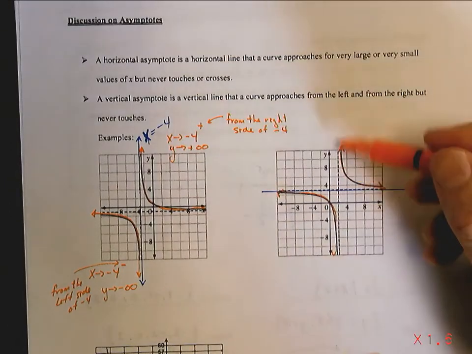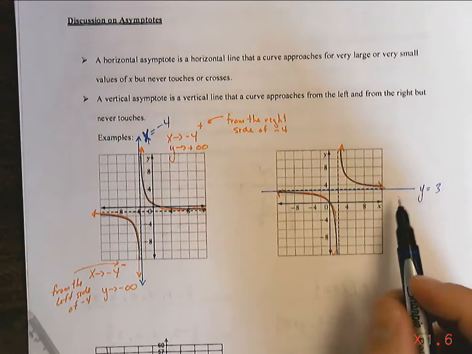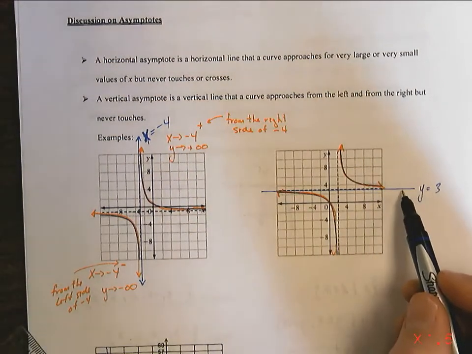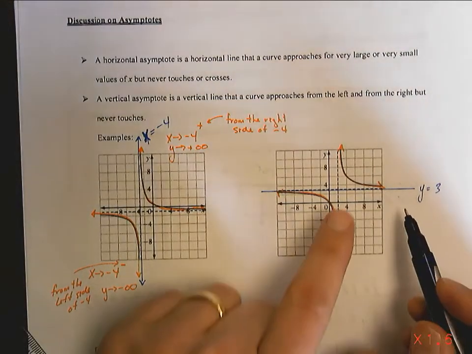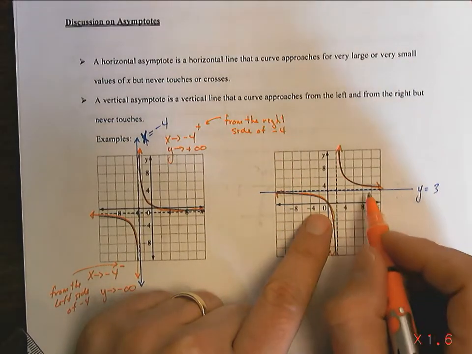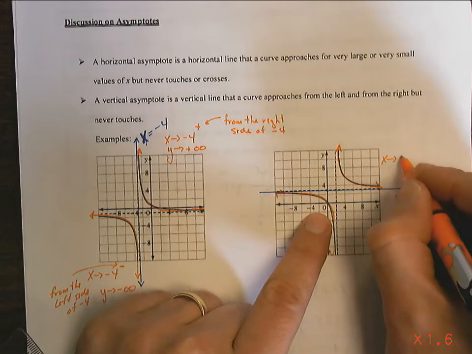Now, there's also a vertical asymptote here. I'm just not talking about it right now. I'm just talking about the horizontal asymptote. I'm going to talk about horizontal asymptotes over on this side. Notice that the horizontal asymptote happens as x approaches positive infinity.